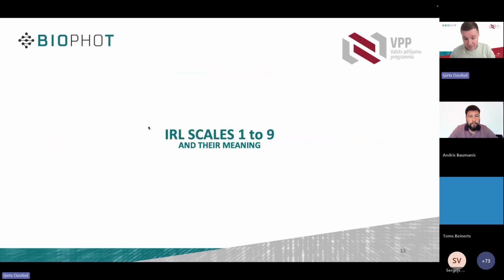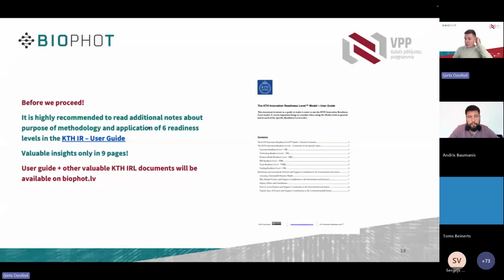Let's get a little bit into the innovation readiness scales and their meaning. Before I do so, I wanted to show you that it's highly recommended for the teams who are funded, or anyone else who wants a first, not very long reading, to understand what the KTH Innovation Readiness Level is.